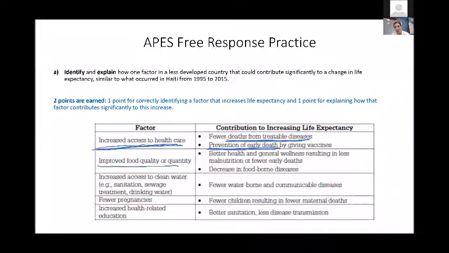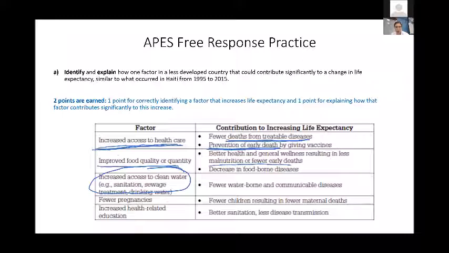Better health and just general access to food and nutritionally dense food ends up reducing your deaths from malnutrition, and that means that your death rate is decreasing. That also decreases diseases that are foodborne. Sanitation, sewage treatment, and clean drinking water.